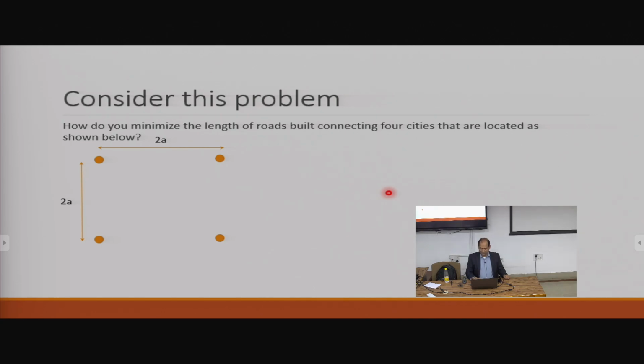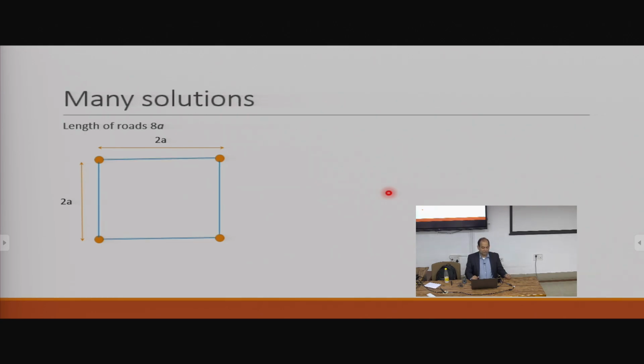First, I can connect using straight lines. The length of total roads we'll build is 8a. In fact, if this was being solved using a genetic algorithm, this is sort of how we'd approach it. You'll find a solution, find another solution, compare them in the selection stage, and select the better solution, and so on.